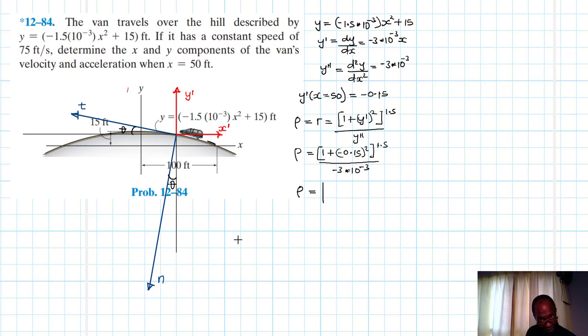Multiplying it out, that's 0.15 squared plus 1 to the power 1.5 divided by 3 times 10 to the power negative 3, which is 344.65 feet.